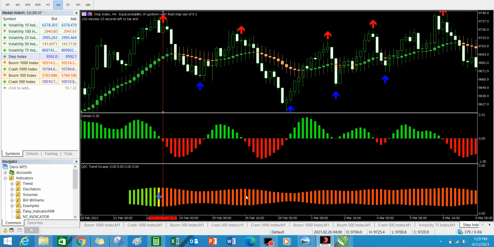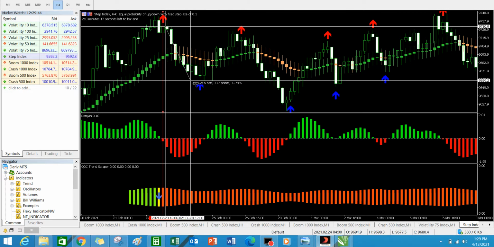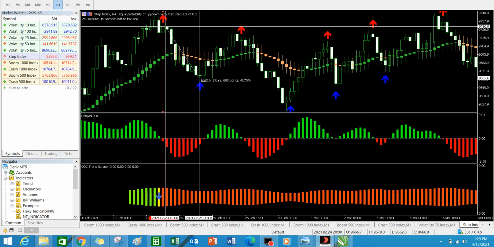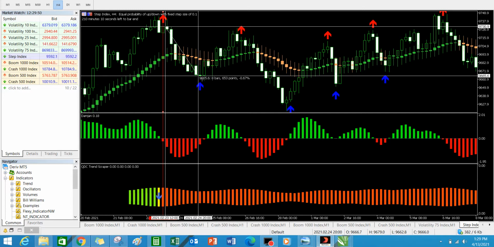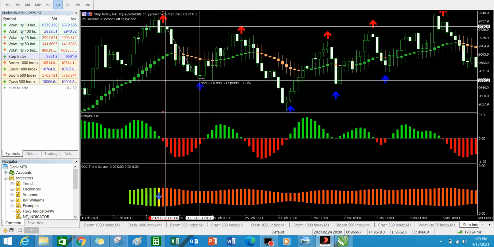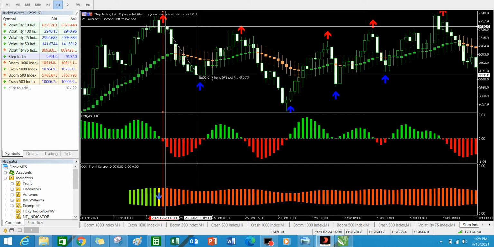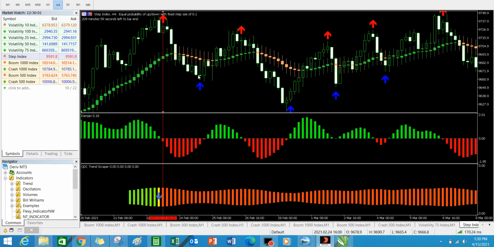You can see once these are still showing red, it will keep selling, and it can sell for a very long time. So you can close your trade once you have seen the exit arrow for the sell market. The exit arrow for the sell market is the buy arrow. So that is 7 candles, which means you could be in the market for 7 hours.